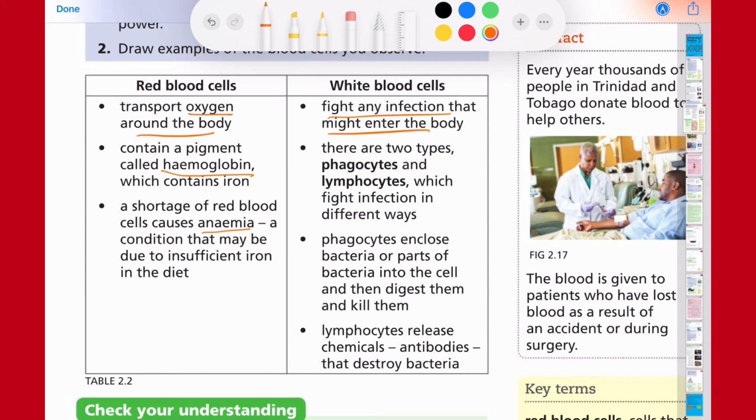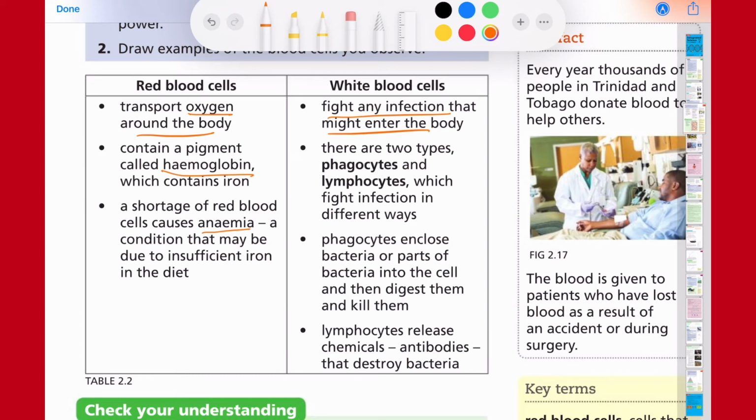So eat your bhaji, eat your pak choy, eat your kale, eat your spinach. All of those green leafy vegetables are rich in iron, and having enough iron in your diet will help prevent anemia. Now, there are some people whose body just cannot process the iron properly, and they need to take iron supplements. That is different, right?